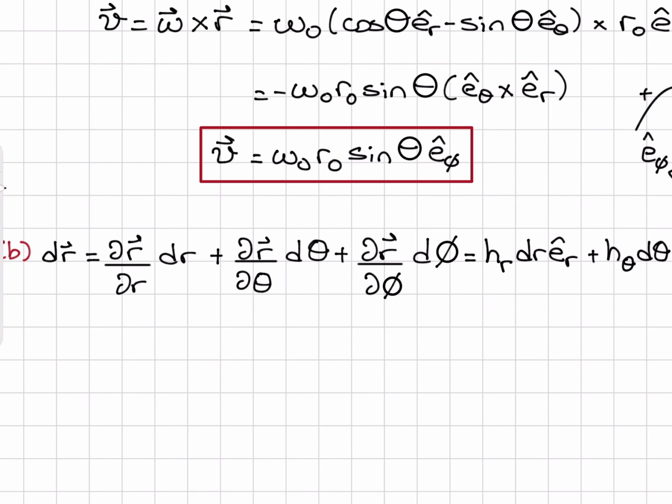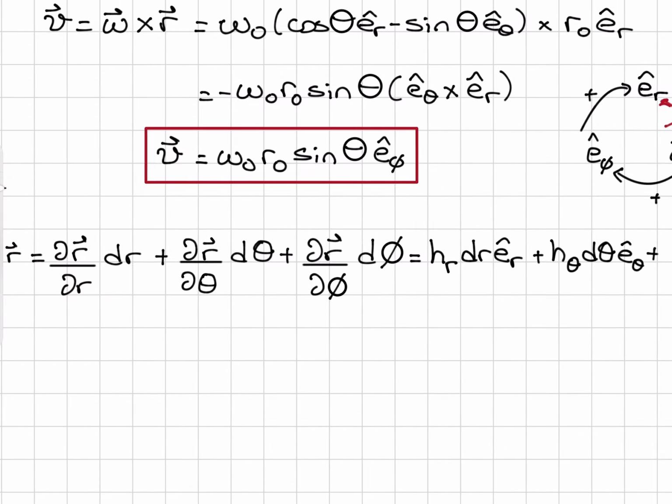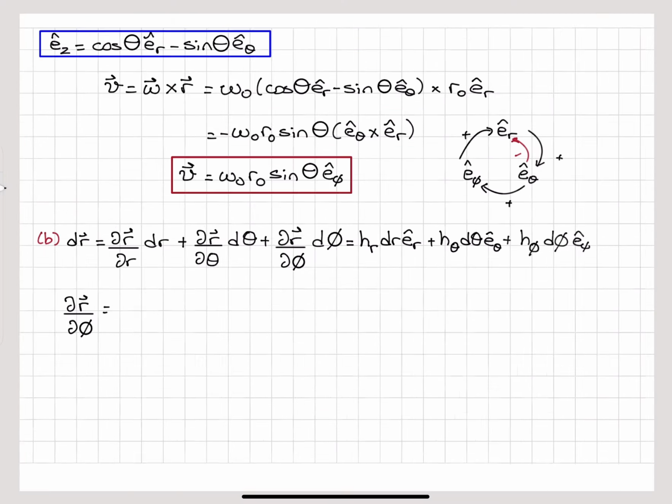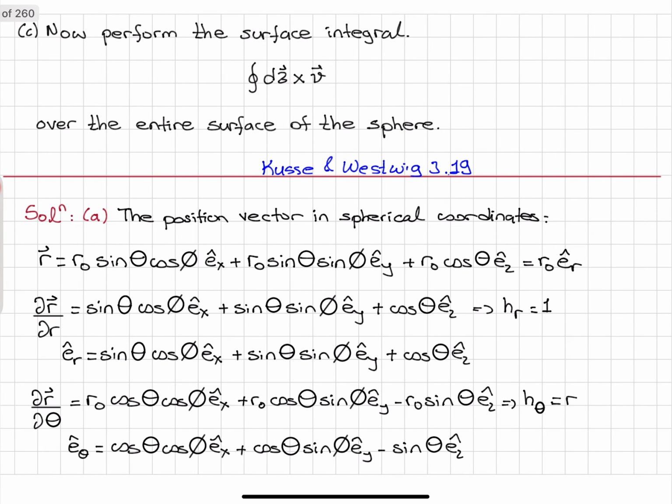So what was missing here is h phi. I didn't have the scale factor h phi, so let me calculate it here. What is del r del phi? Now going back to part A, the position vector is here.